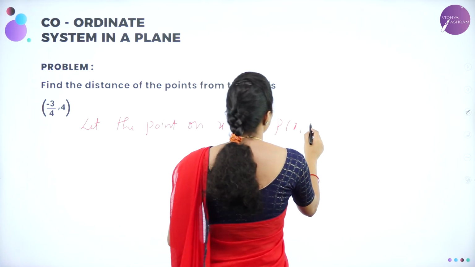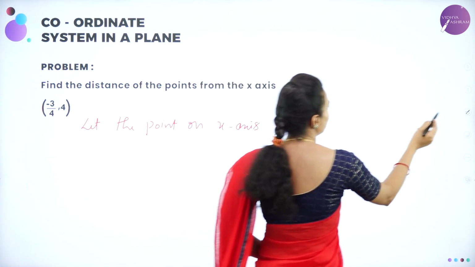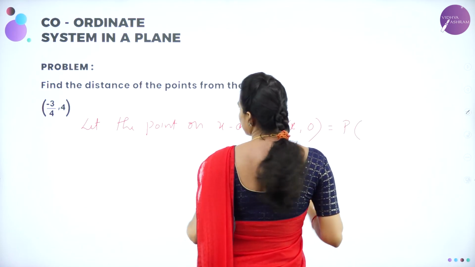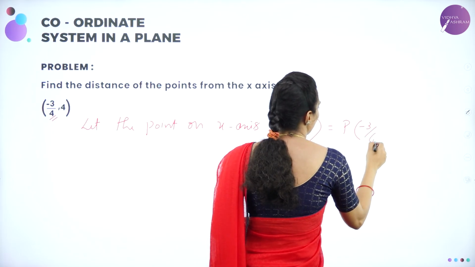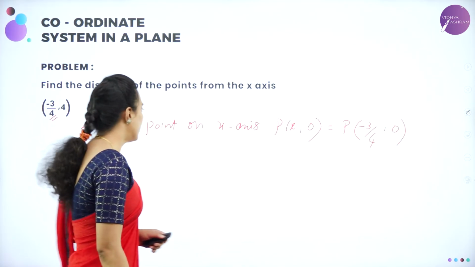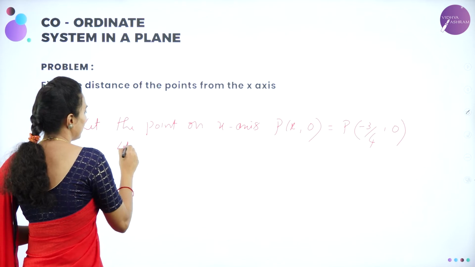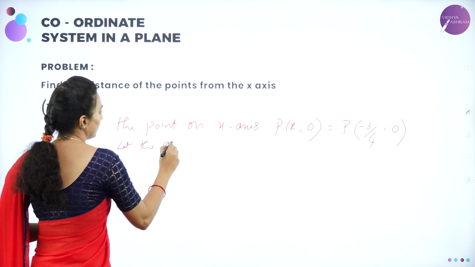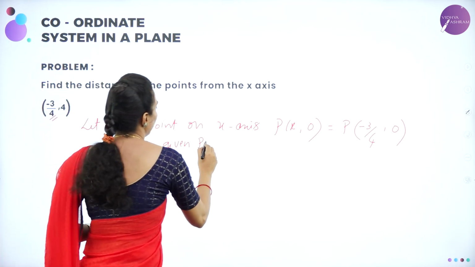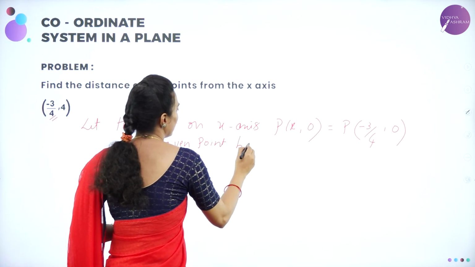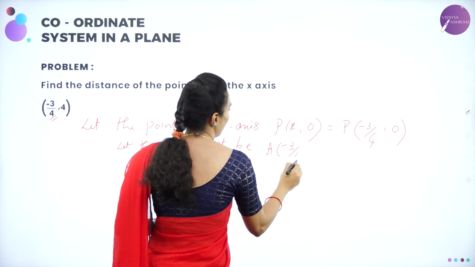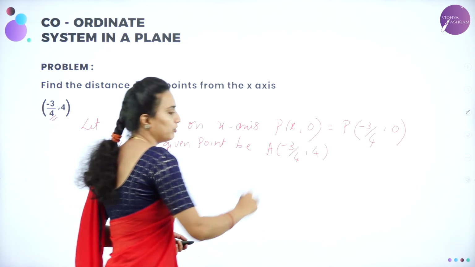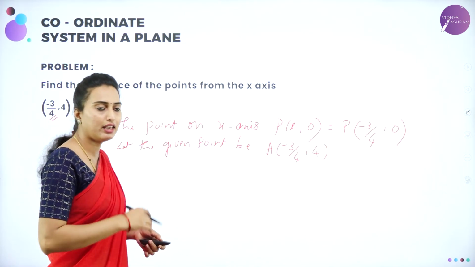The y coordinate will be 0, so P is minus 3 by 4 comma 0, because the x coordinate they have given is minus 3 by 4. Now let the given point be A of minus 3 by 4 comma 4. Now you need to find out the distance between P and A.